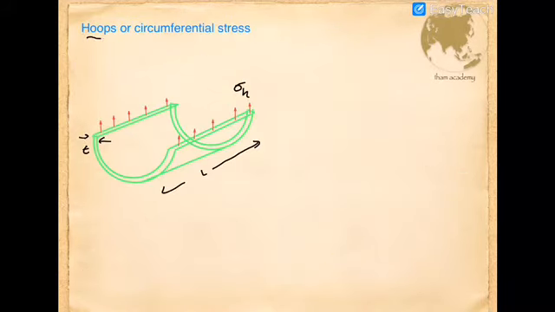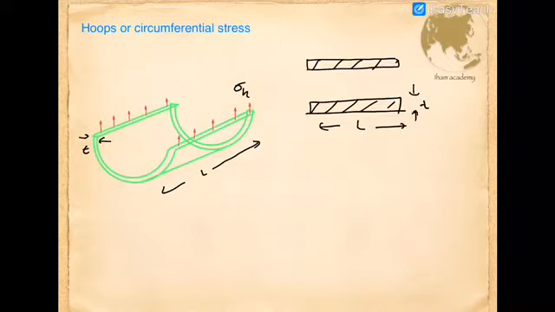Another one is hoop stress that we are going to discuss. Here the load bearing area is going to be the circumferential portion. This portion has length L and thickness t. So the total area bearing the load corresponds to this cross-sectional area, which can be found as 2 times L into t.